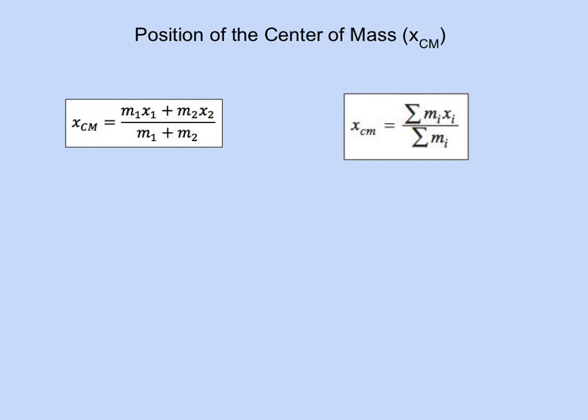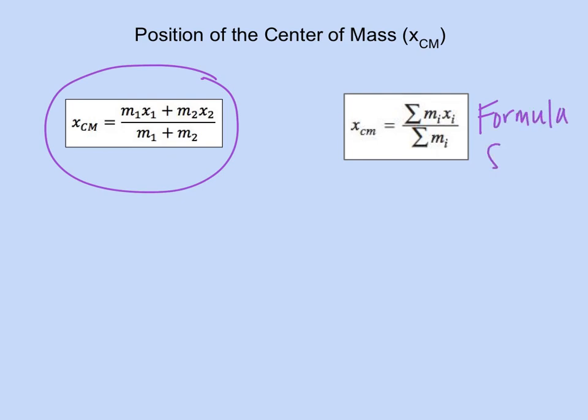So I tend to think about this center of mass formula like this, and again, adding however many masses I need to. On your formula sheet, it's going to look like this, so you want to make sure that you're aware of that if you go look at this later in the year. Notice that they're using the sigma notation to show a sum of m times x for all the individual pieces on top, and then the bottom here would just be the total of all the masses.